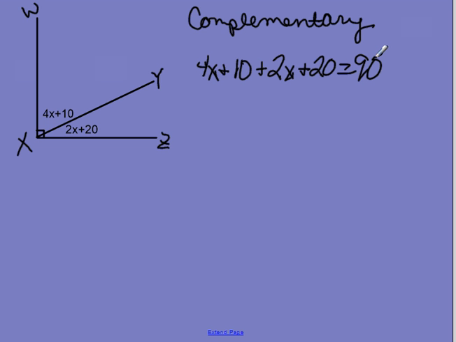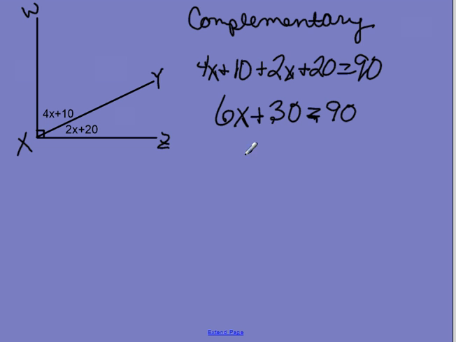The third step in solving these angle problems is to solve your equation for your variable. So I have to do some simplifying. 4x plus 2x equals 6x. And then I have 10 plus 20, which is 30. And that should equal 90. Sorry, that's an equal sign, believe it or not.